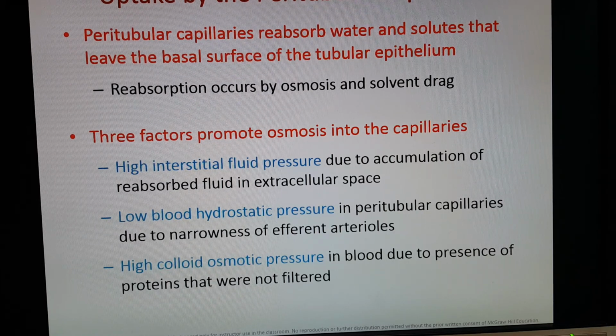What doesn't filter out are your red blood cells, of course, as well as the proteins that are in your plasma. And since you have such a high concentration of proteins in the plasma, due to a lot of your plasma getting filtered out but still leaving the proteins behind, you end up with a high colloid osmotic pressure, and therefore drawing fluid, so drawing that water from the tubular fluid and back into the capillaries.